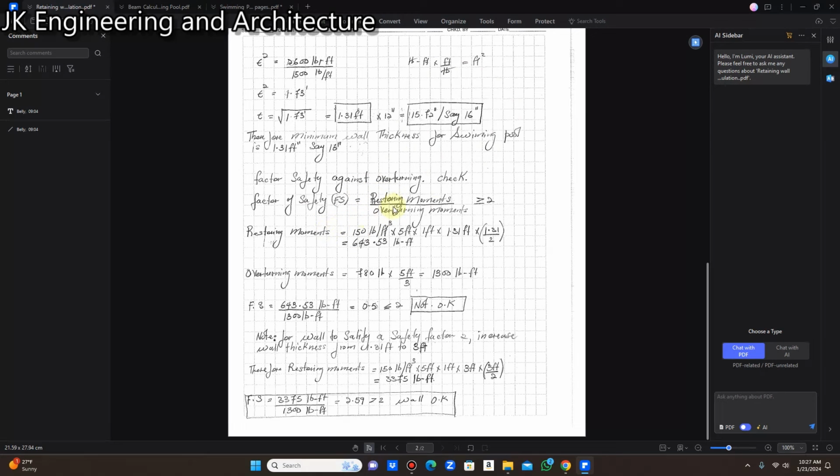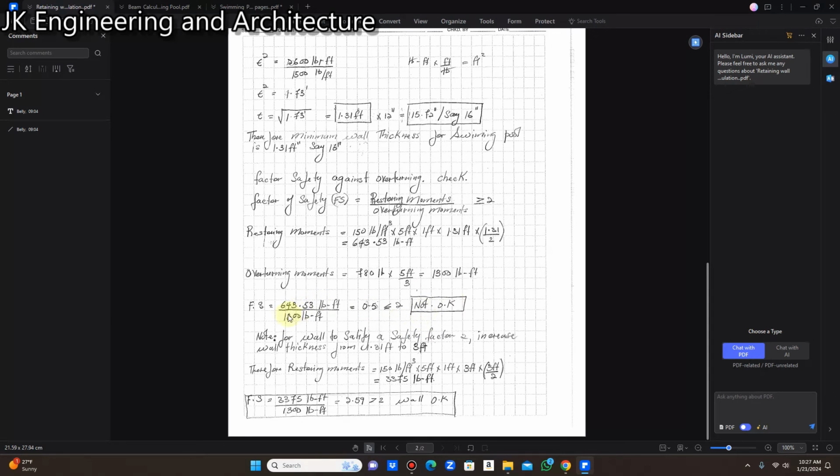So the factor of safety is going to be the restoring moments or the resisting moments divided by the overturning moments, which is going to be greater than 2. When we work that down into the equation, where we divide the restoring moments by the overturning moments, the result is 0.5, and that's not okay.